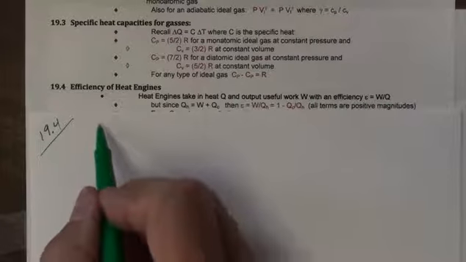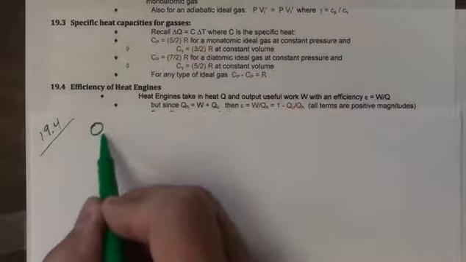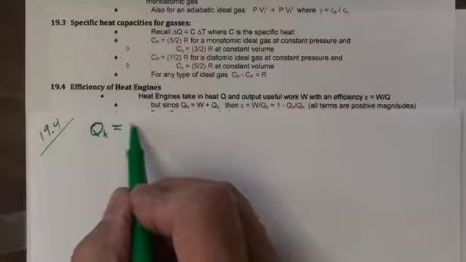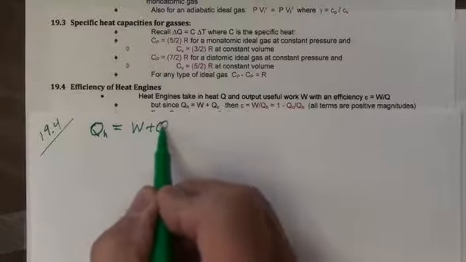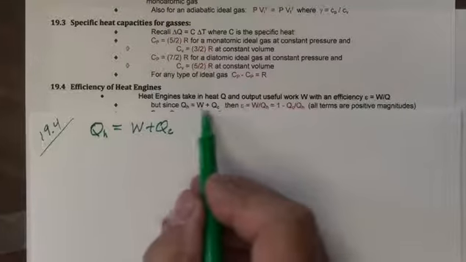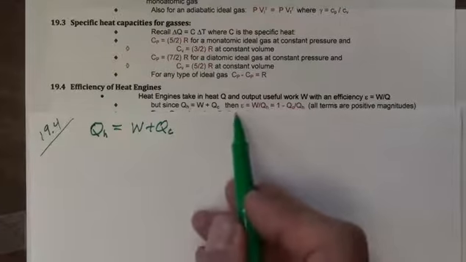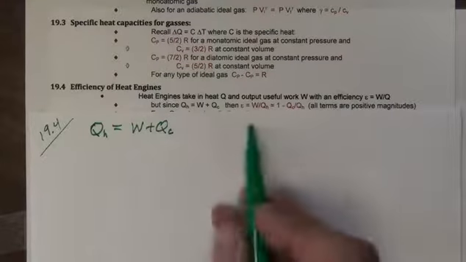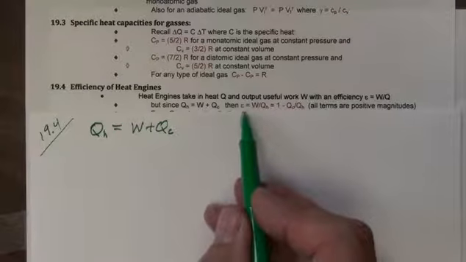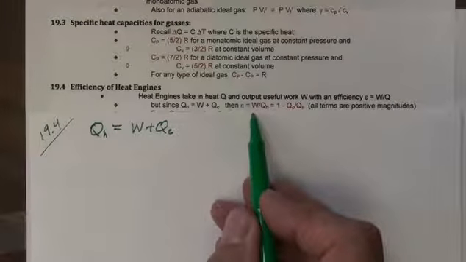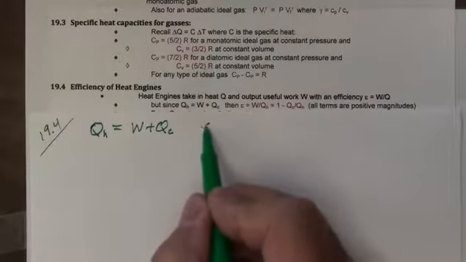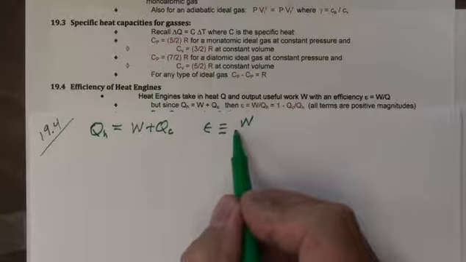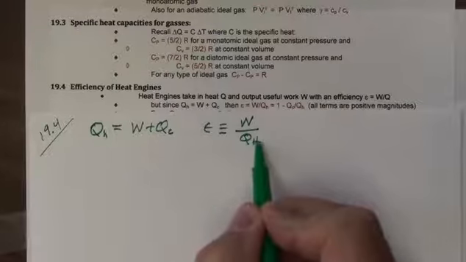Now remember, the heat that's in the system is the work plus the heat that leaves the system in the form of cold. By definition, efficiency is the work divided by Q hot.